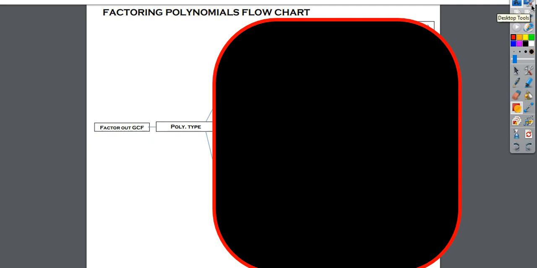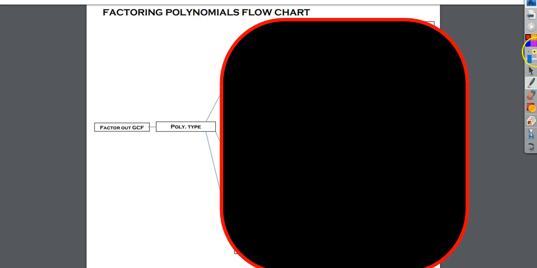Okay, so we all know that the first step that we are always going to do whenever we look at any polynomial is to factor out a GCF. So that's step one. So if you had something like 5x squared plus 10x minus 15, before you did anything else to look at any other step, you're going to take out that GCF.